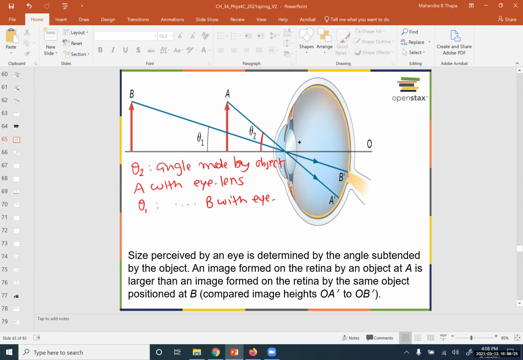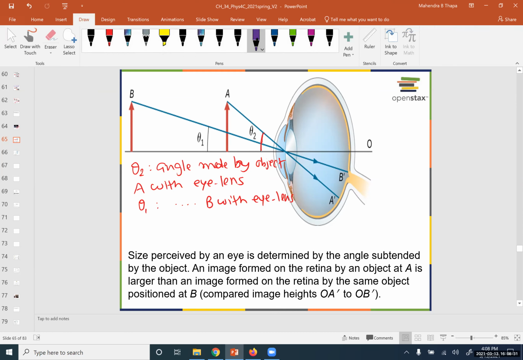lens. So you see here in the picture, it is clear that the height of A and the height of B is the same. But it makes an angle θ2 with our eye and θ1 with our eye.